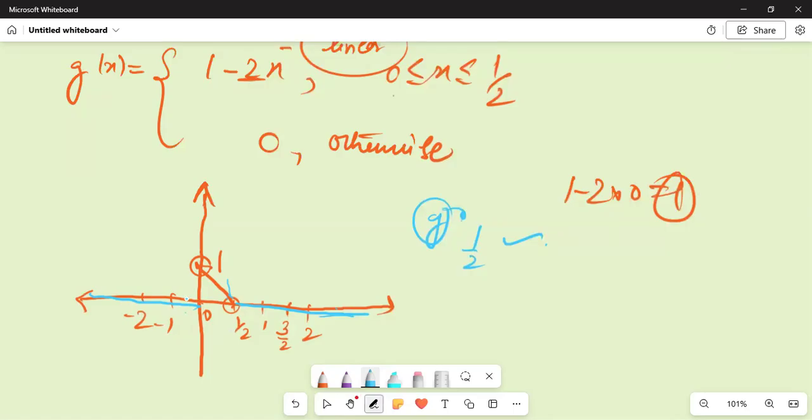So you can't join these points without lifting your pen. You need to lift your pen to join them, because it is taking value 0 here and at the point 0, it is taking value 1. So it is a discontinuous graph. G is not continuous at 0. Everywhere else it is continuous.